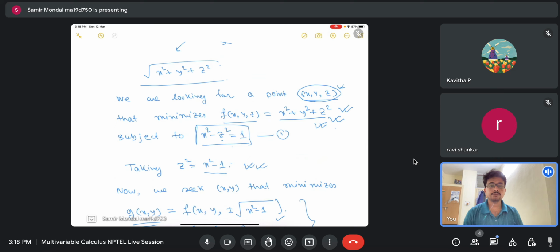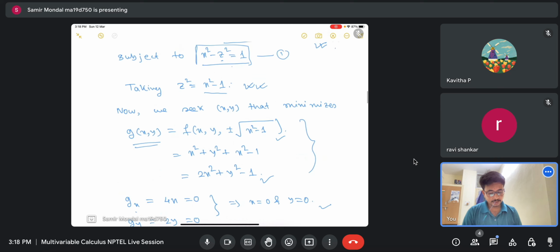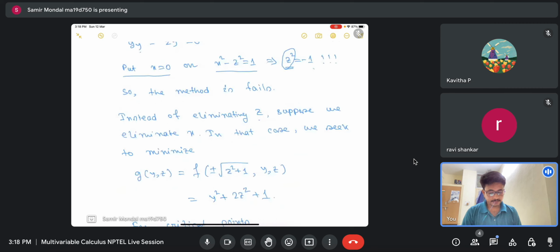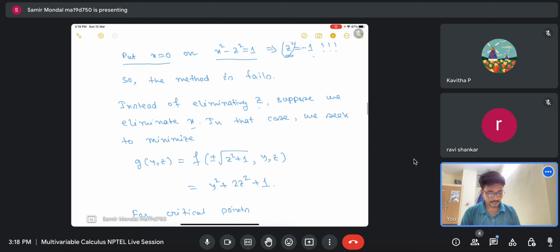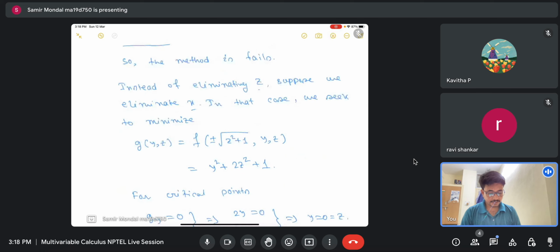So now we have to go for eliminating the variable x. Then we have to minimize the function g(y, z), which after calculating we will get this one.